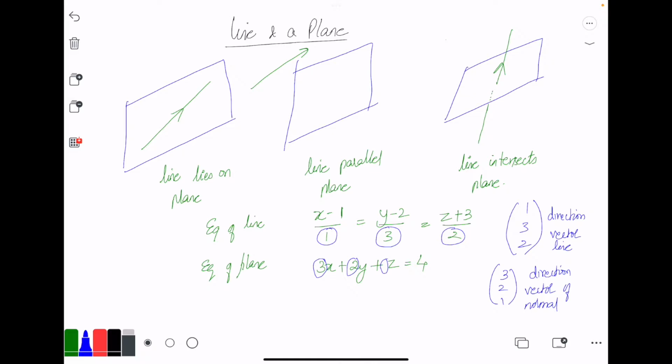So to compare whether the line is parallel to the plane or not, we have to get the dot product of these two direction vectors. And we see that this is not equal to 0. So 1 into 3 plus 3 into 2 plus 2 into 1 is not equal to 0.